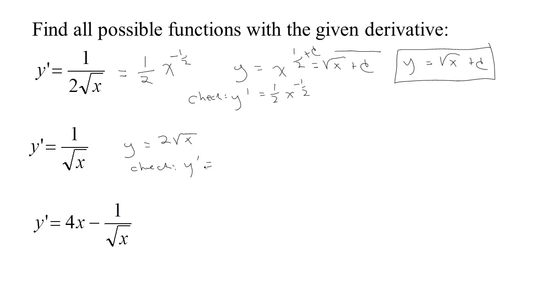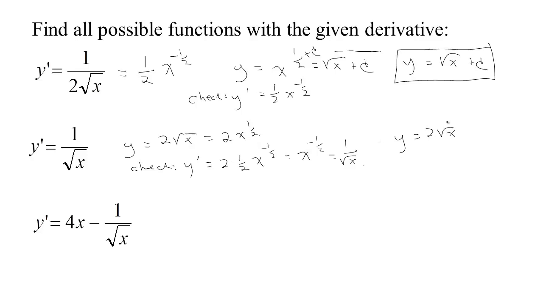Y prime would be, well, since this is 2 times x to the 1/2, the 1/2 comes down, you get x to 1/2 power less, and the 2 times the 1/2 makes 1, so we just have x to the negative 1/2, which is 1 over root x. Yeah, that works. Okay, so y would be 2 root x.